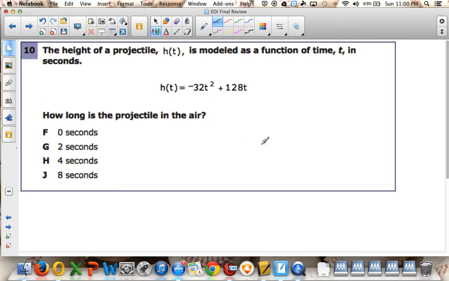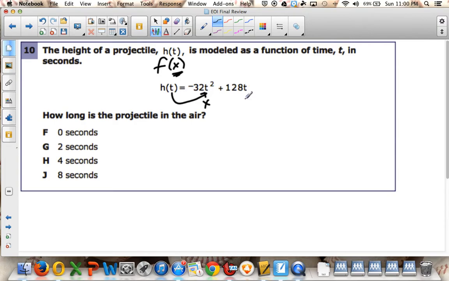The height of a projectile, h of t, is function notation, just like f of x. Don't let h of t, x of y, a of b confuse you. That is function notation. Inside the parentheses is your x value. So this t right here is going to be x.